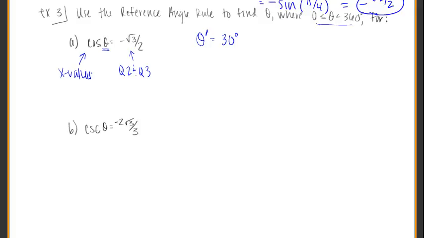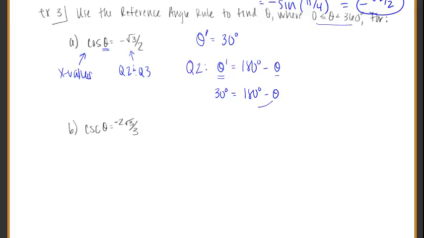Okay, so the rule says that in quadrant 2, theta prime is equal to 180 degrees minus our original angle, what we're rotating to. So in this case, I know theta prime and I want to find theta. Theta prime is 30 degrees, which is equal to 180 minus theta.